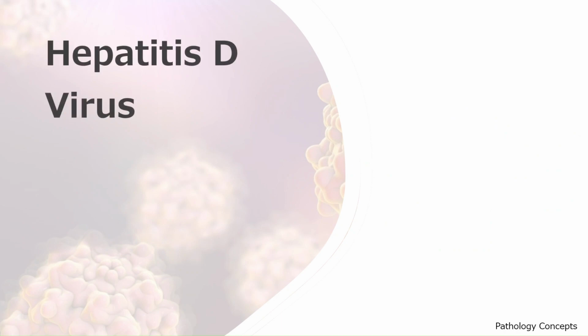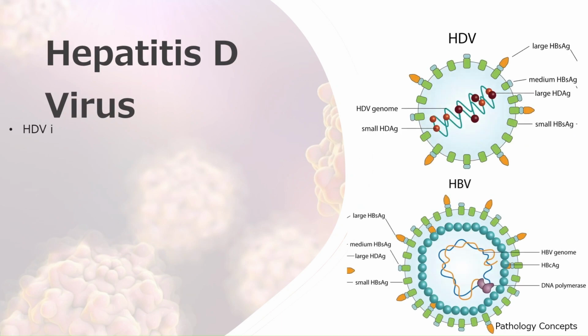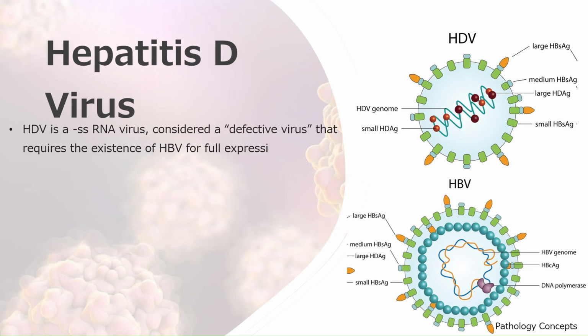Hepatitis D virus. It is the Delta virus. It is a negative single-strand RNA virus considered a defective virus that requires the existence of hepatitis B virus for full expression and replication. It is a small, enveloped, negative single-stranded RNA virus with a circular genome.